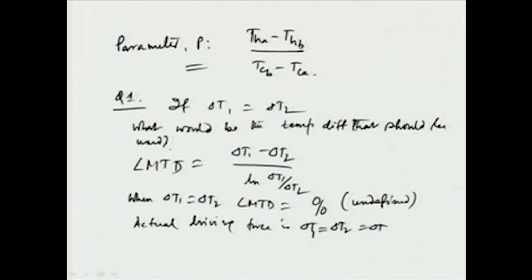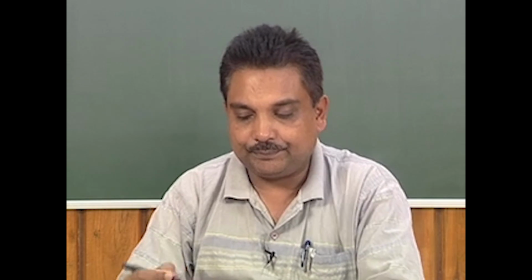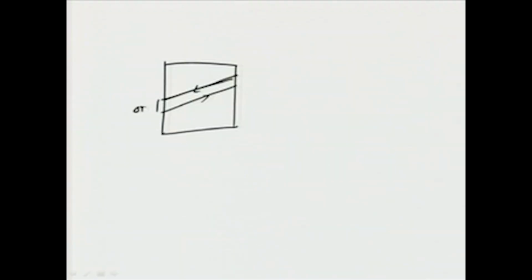And the second point is that in heat exchangers, if we have an exactly linear driving force, say this is delta T1 and this is delta T2, and it varies linearly, with no nonlinear variations, then our driving force delta T will be equal to delta T1 plus delta T2 by 2.